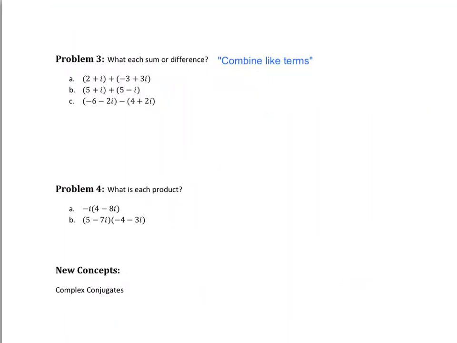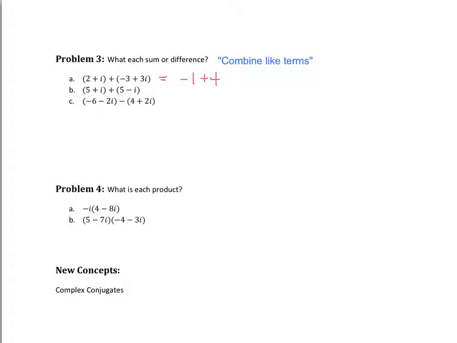Problem 3 says what is each sum or difference. And what we're going to do is basically combine like terms here. So in letter A, if I add up all of my constants, 2 plus -3, that would equal -1. And then I have 1i plus 3i, which would be 4i.